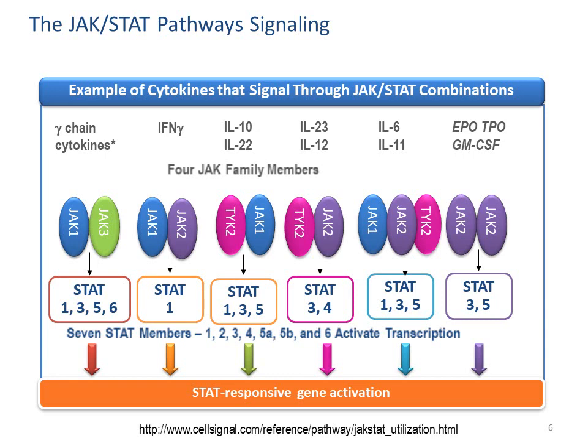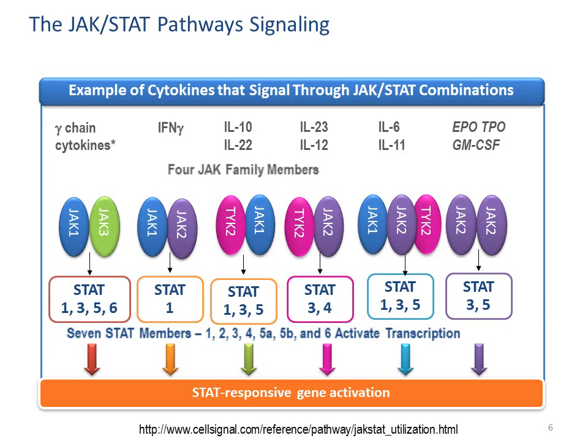As you can see in this cartoon, we have different cytokines, and this is just an example. So the gamma chain cytokines are the cytokines associated with the white blood cell lineage. And then you have the interferon that will bind a receptor that has a different pair of JAKs associated.